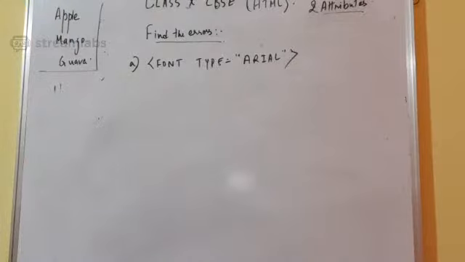What can be the corrected code for this particular sentence in HTML? If I just want to display the text in a web page in the form of Arial, what should I write? Whether this is correct or this is an error. If this is an error, then what should be the correct one?